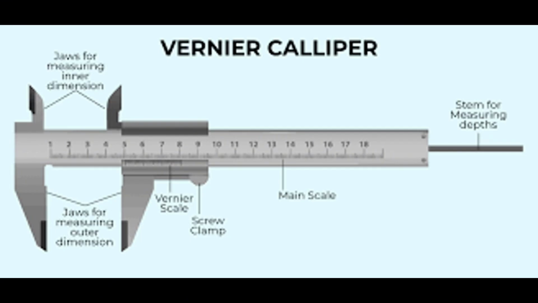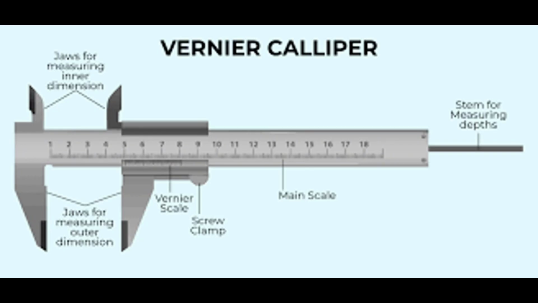So this is the Vernier caliper. It can be used to measure internal and external diameter. The upper jaws are also called internal jaws. They can be used to measure the internal diameter of a given object.